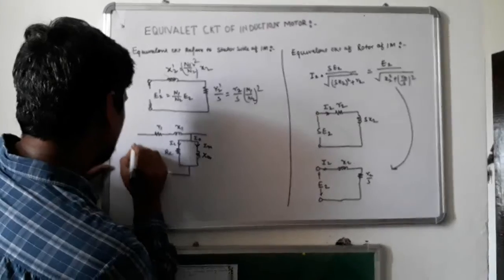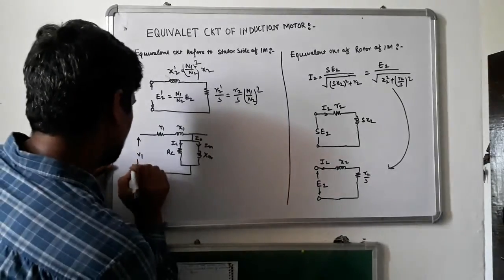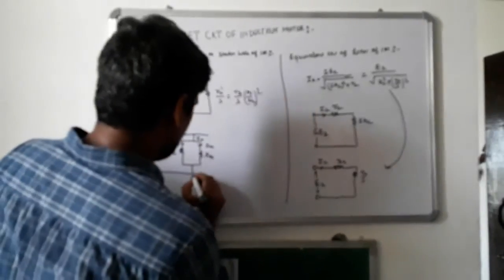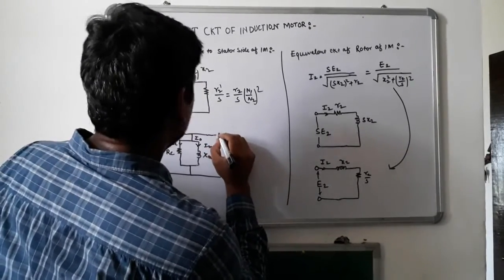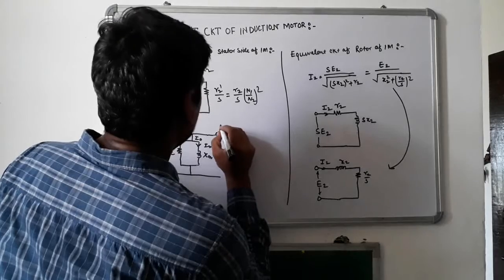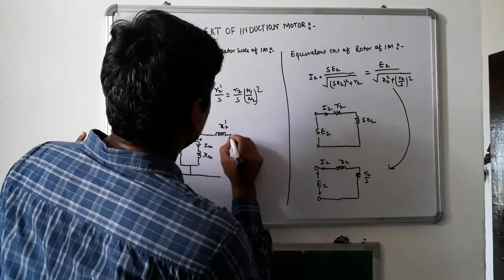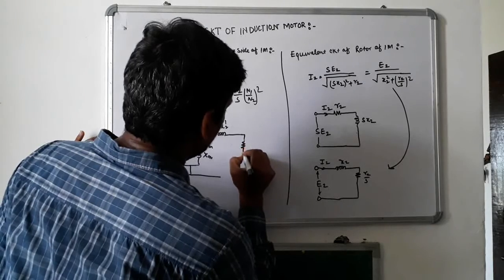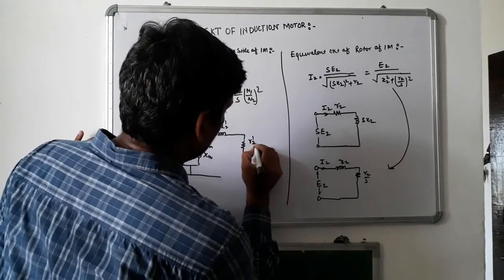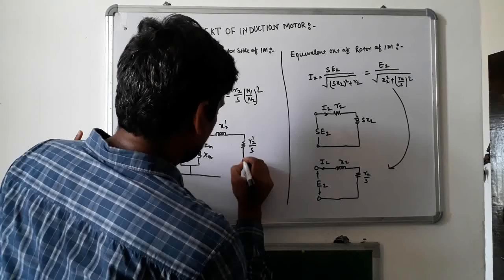The voltage V1 is applied to the stator of the three-phase induction motor, and here this will be X2 dash, and this will be R2 dash divided by S.